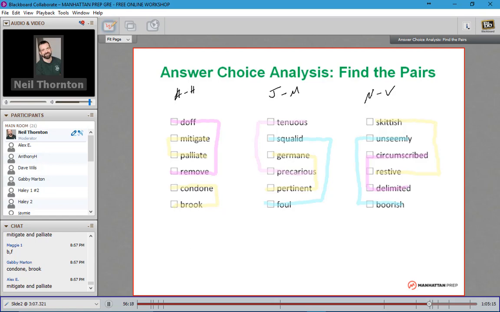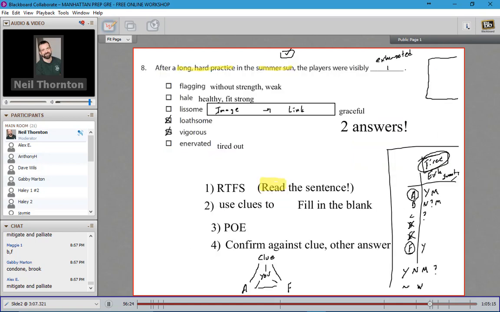So notice what's happened sometimes is once in a while we've run into some of these where, frankly, flagging and innervated were the only two things that match, and nothing else really had a match.